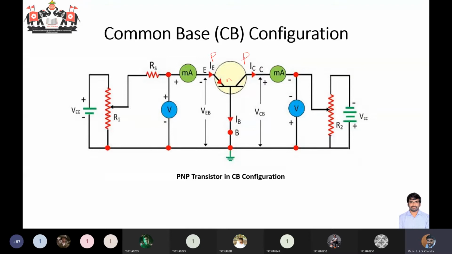The one fixed terminal we are giving to the positive supply of the battery, and the other fixed terminal to the negative terminal of the battery, and the variable terminal you are giving to the actual circuit. So your voltage across these 2 terminals can be varied by changing this slider.